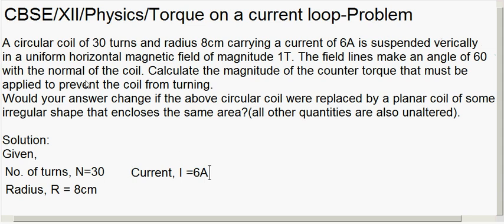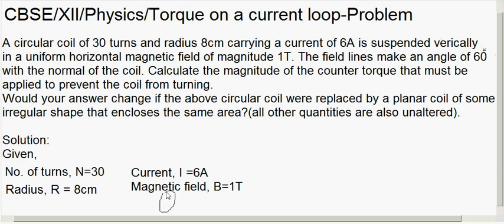The coil is suspended vertically in a uniform horizontal magnetic field of magnitude 1 Tesla. The field lines make an angle of 60 degree with the normal of the coil.